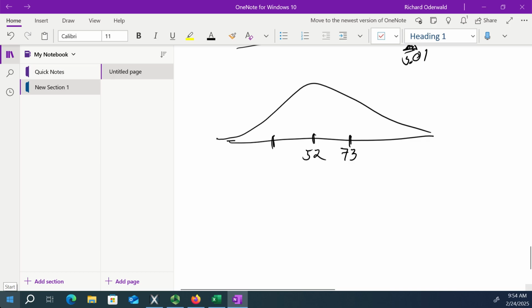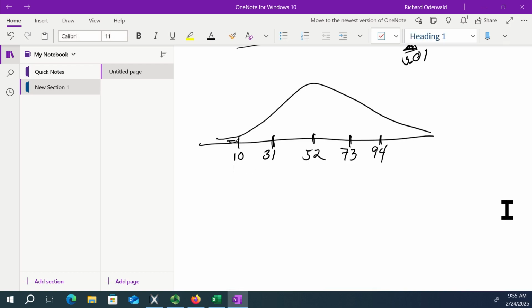One standard deviation down. 52 minus 21, 31. 68% of the distribution is between here and here. If I want to go 2 standard deviations up and 2 down, I add another 21 in. So 21 plus 73 is 94. 21 subtracted from 31 is 10.